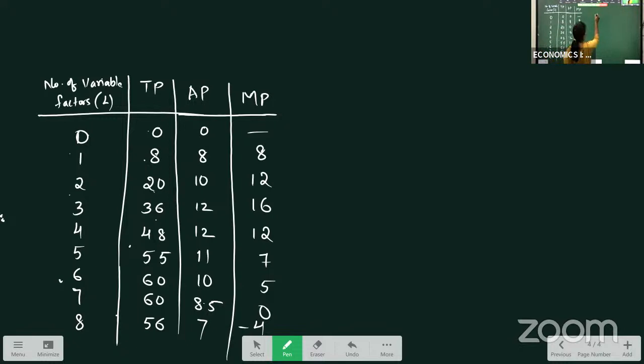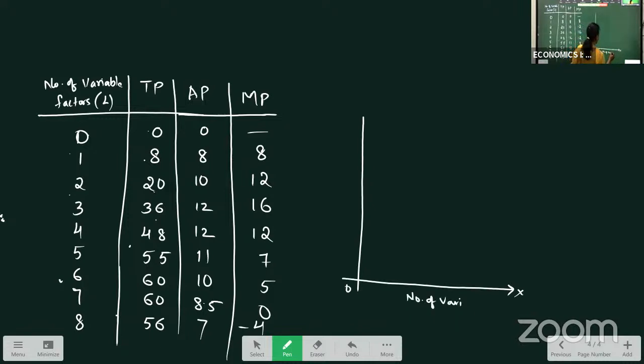Now in this table, on the x-axis we are taking the number of variable factors, that is labor, and on the y-axis TP, AP, and MP. First, if you put the points, your graph will be right. If you don't put your points, your graph may go wrong.